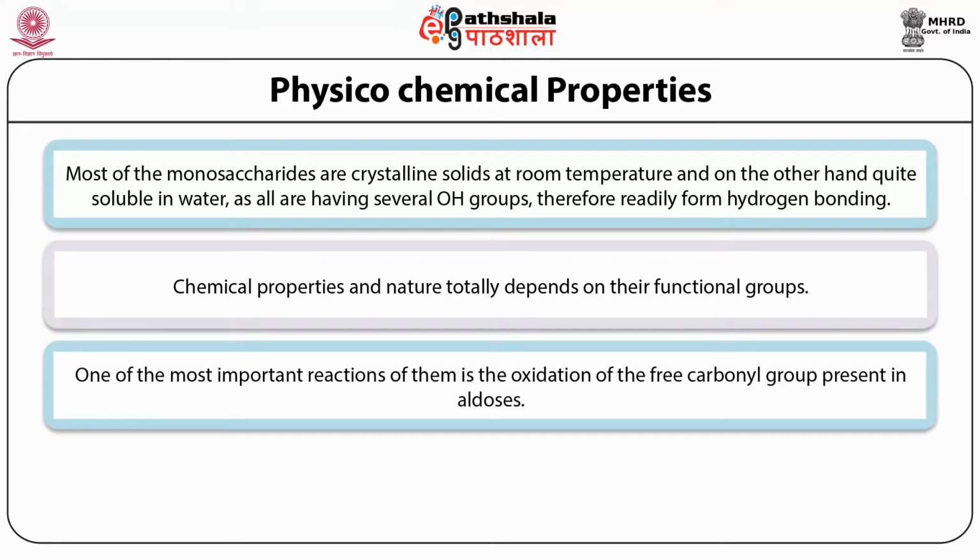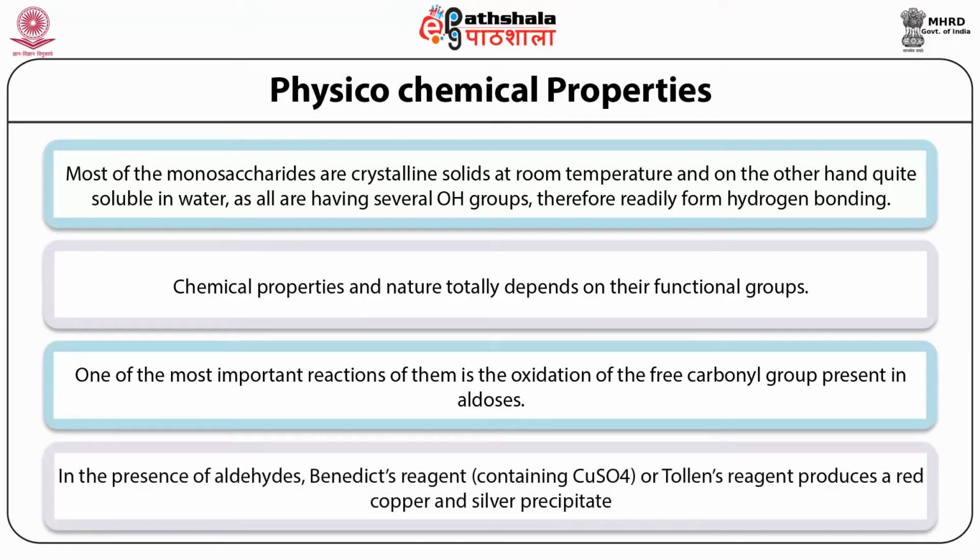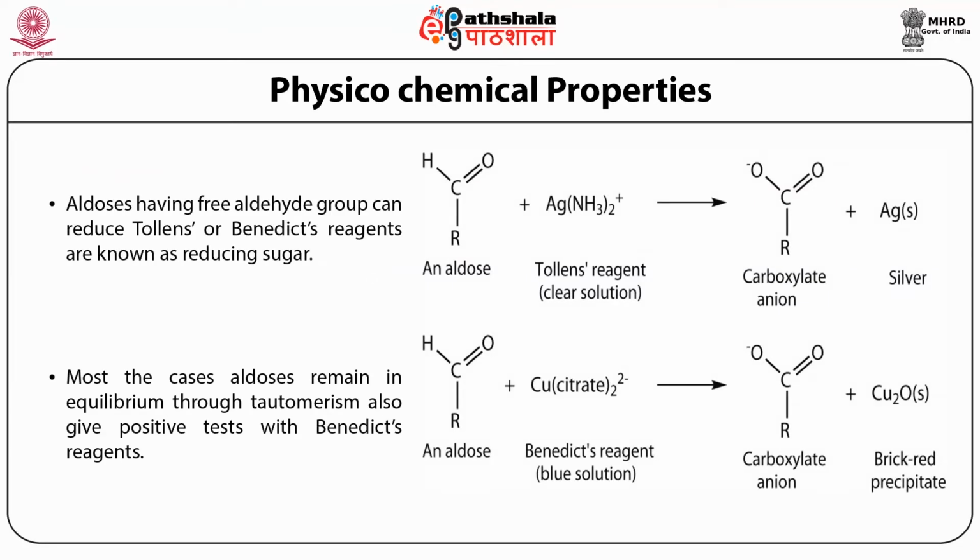One of the most important reactions of them is the oxidation of the free carbonyl group present in aldoses. Means in the presence of aldehyde, Benedict reagent which contains copper sulfate or Tollens reagent produces a red copper or silver precipitate. In this slide we can see the reducing group of the aldehyde, that is CHO, which reacts with the Tollens reagent and gives a precipitate of silver and carboxylate anions.